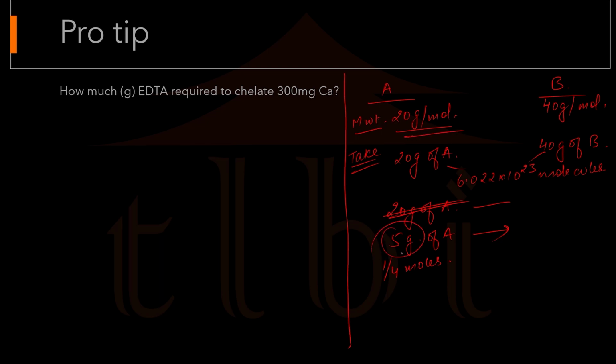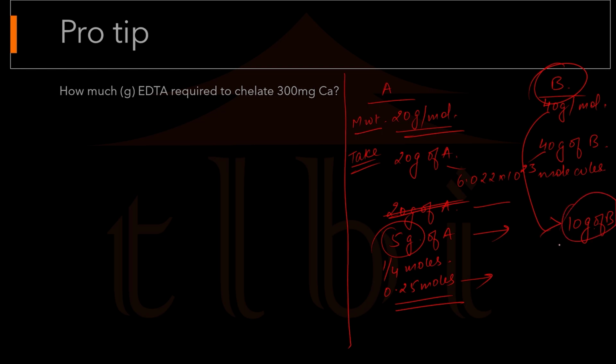So if you are taking 1/4, that means you are taking 1 by 4 moles or 0.25 moles. Now you will need to take how much of B so that it will again have 0.25 moles? That means you have to do 1 by 4 of this. That means you have to take 10 gram.